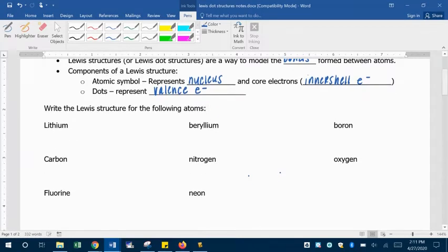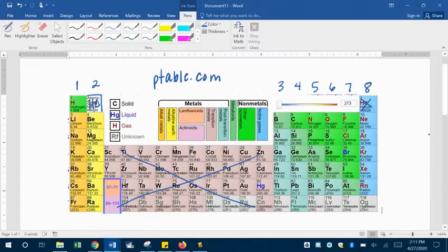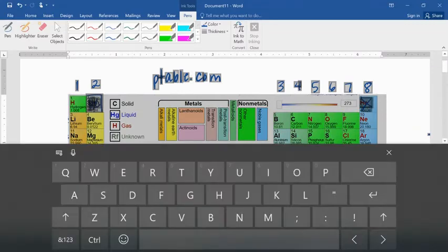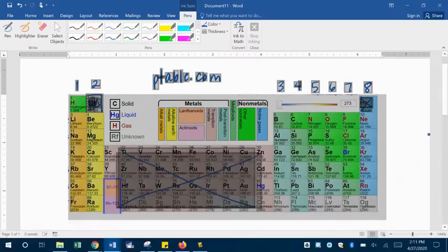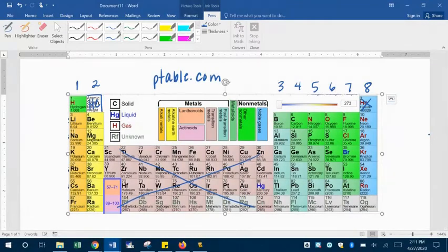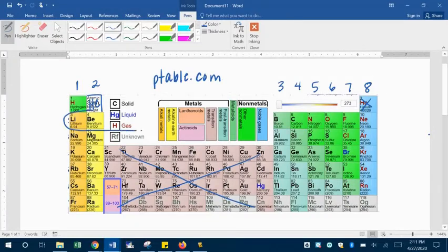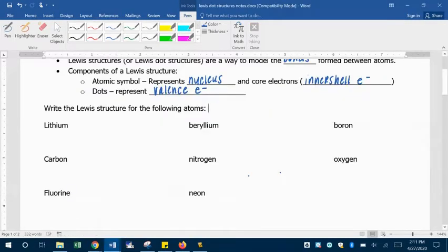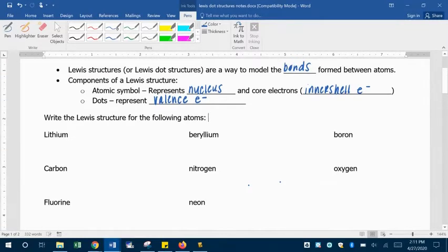So what we're going to do is look at, on our periodic table, our second period. So we're going to be looking at these elements right here, and we're going to practice drawing Lewis structures just for those elements. So for lithium, we're going to do Li because that's the atomic symbol.